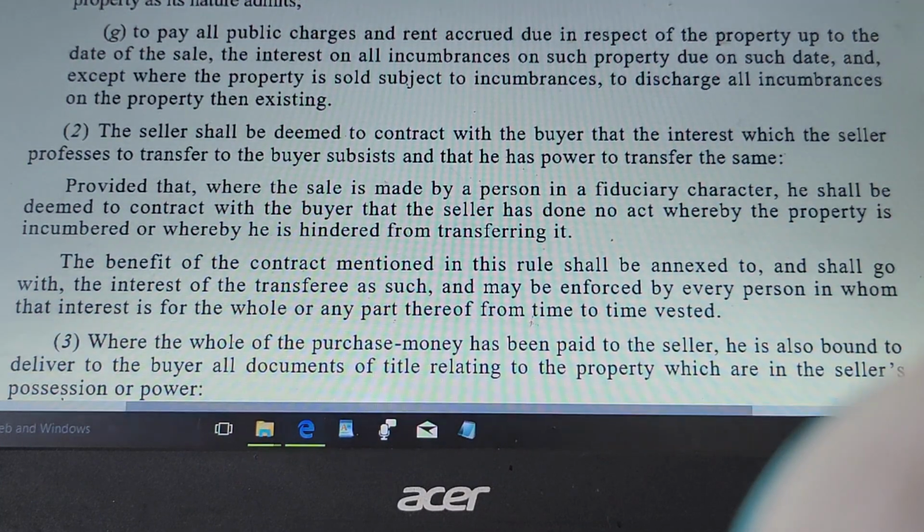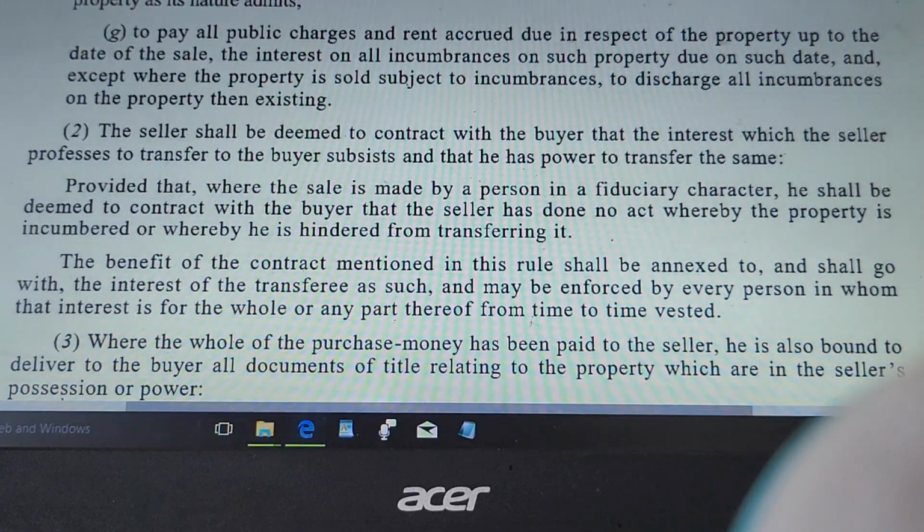2. The seller shall be deemed to contract with the buyer that the interest which the seller professes to transfer to the buyer subsists, and that he has power to transfer the same, provided that where the sale is made by a person in a fiduciary character, he shall be deemed to contract with the buyer that the seller has done no act whereby the property is encumbered or whereby he is hindered from transferring it.